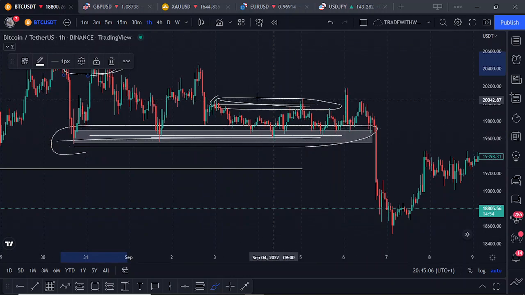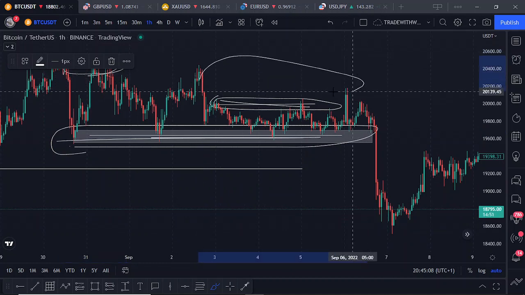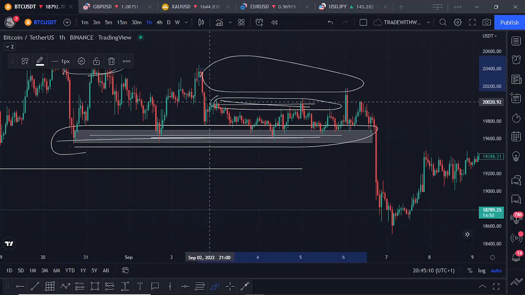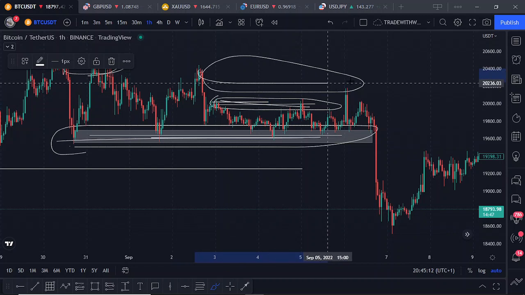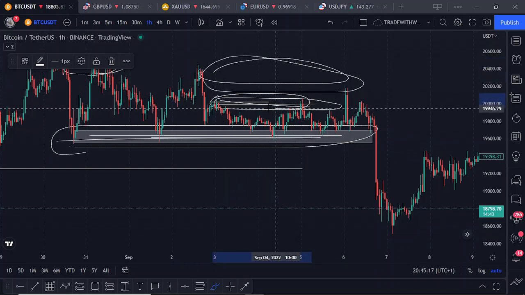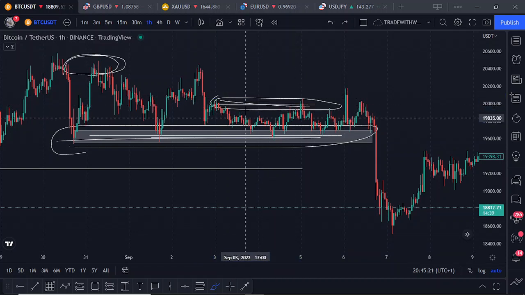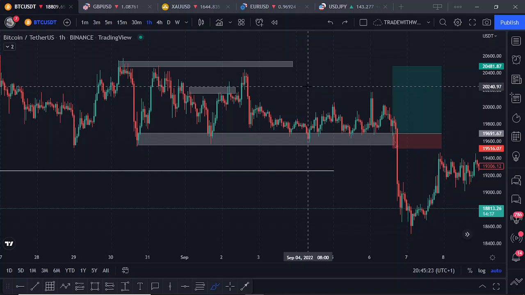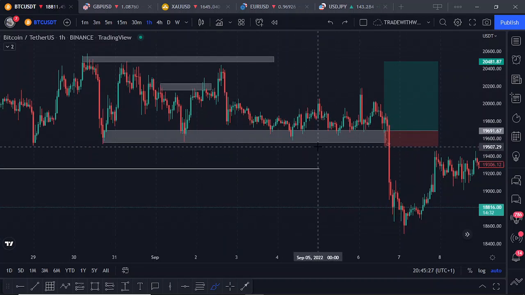You can see supply zones taking out liquidity, but support and resistance create liquidity. So you get the whole idea now. Support and resistance create liquidity, supply and demand take the liquidity.